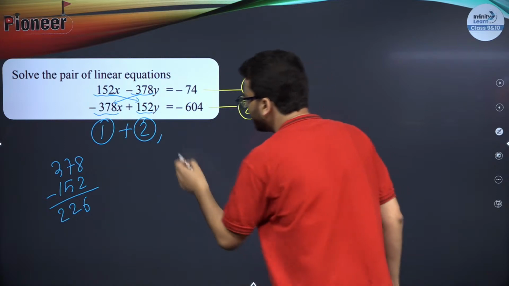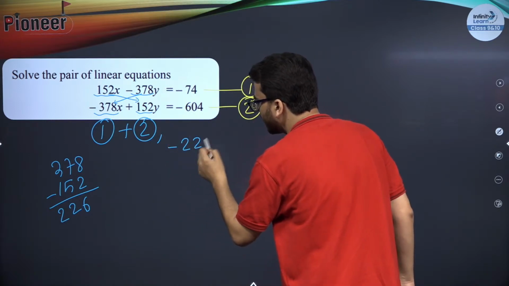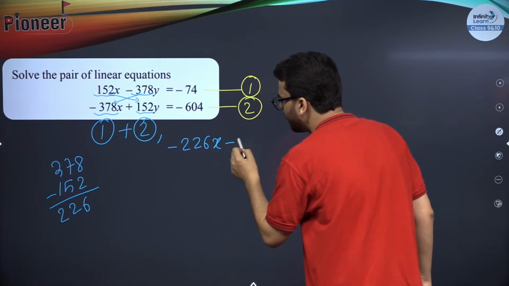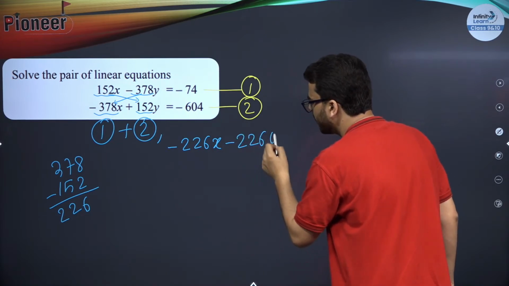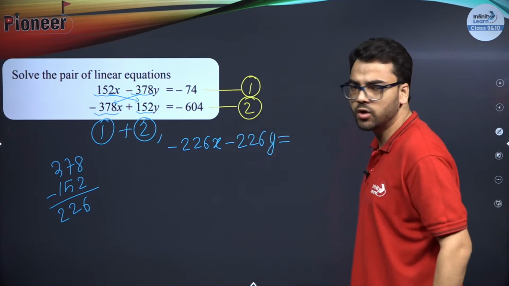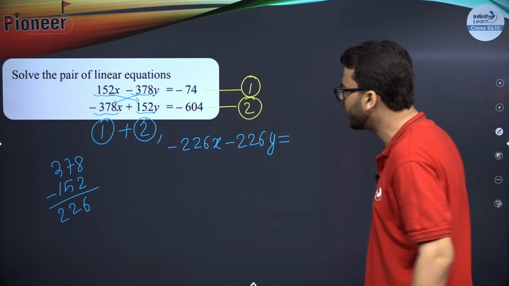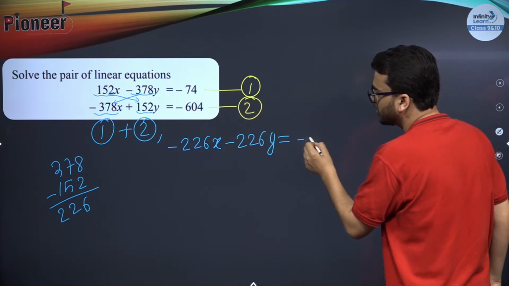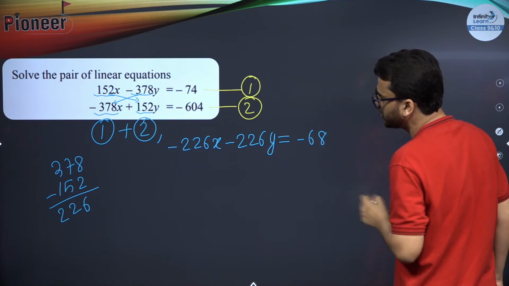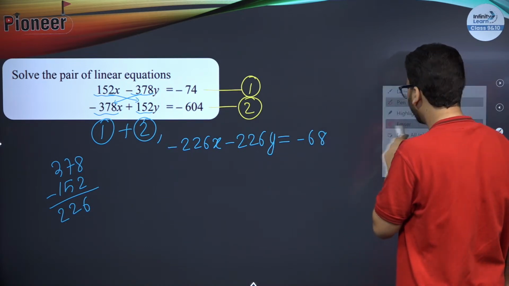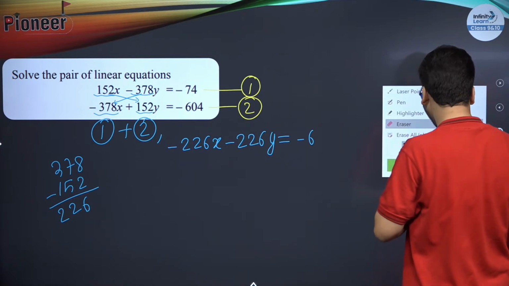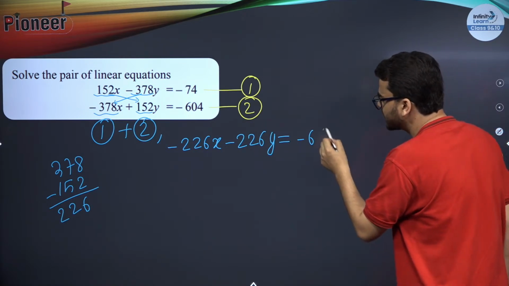So it will give you minus 226x minus 226y. Yes or no? And that will be equal to what? If you add these two, you will get minus 678.